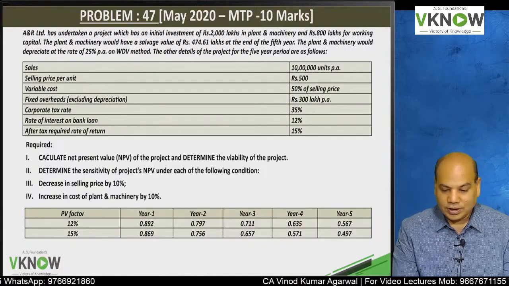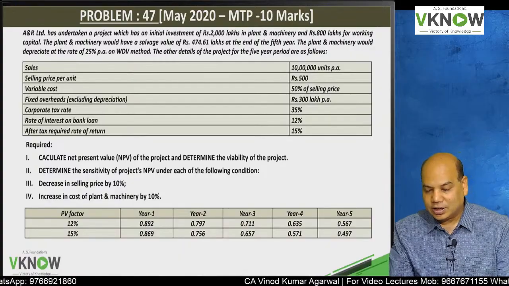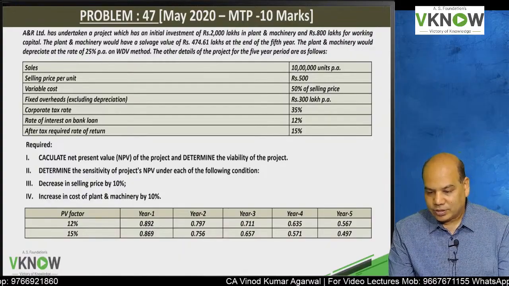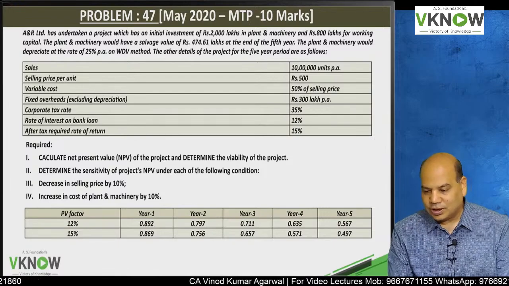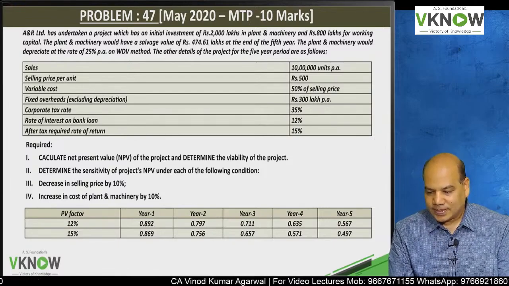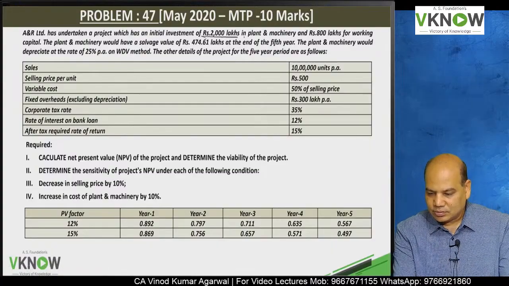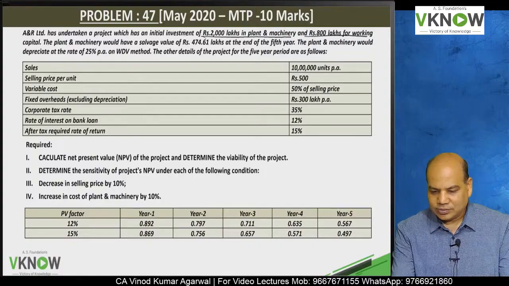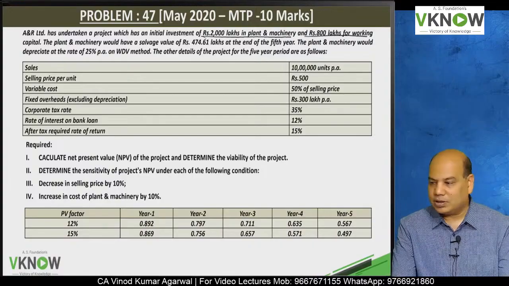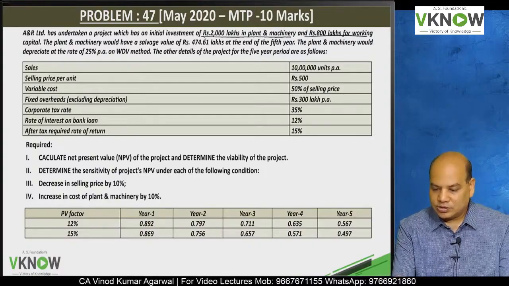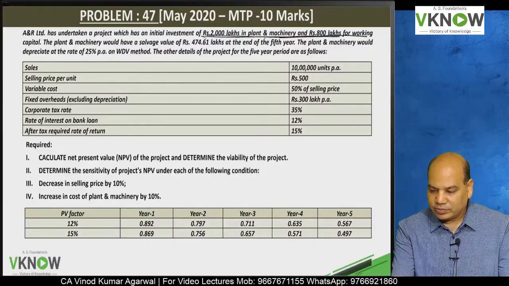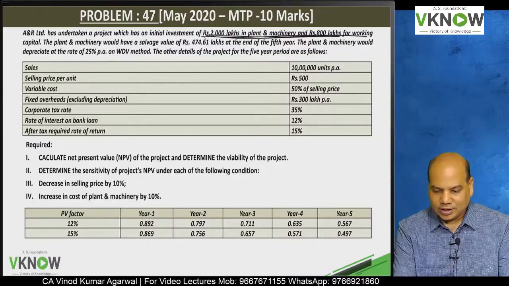Question is, A&R Limited has undertaken a project which has an initial investment of 2000 lakhs in plant and machinery and 800 lakhs for working capital. So my initial investment would be 2800 lakhs.